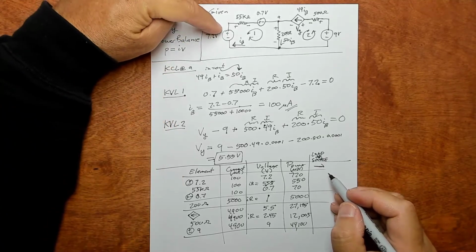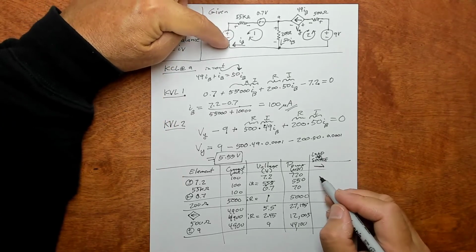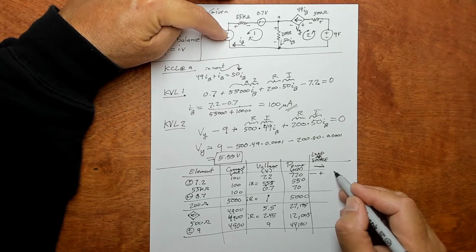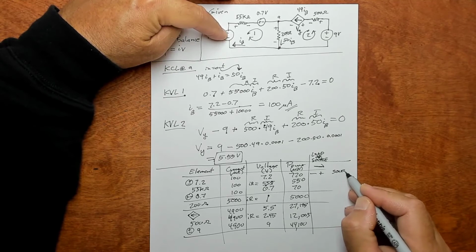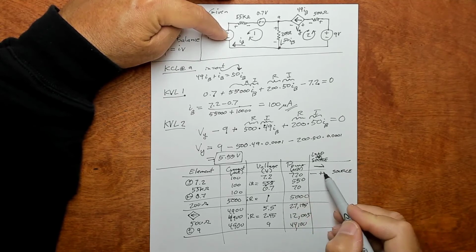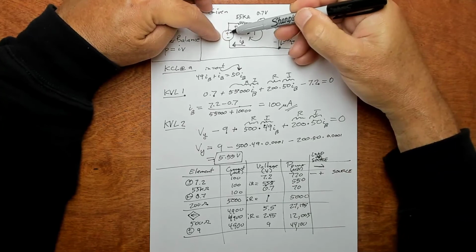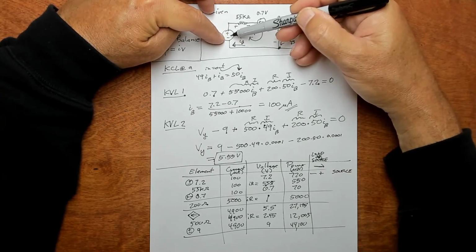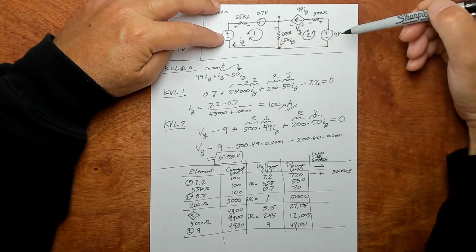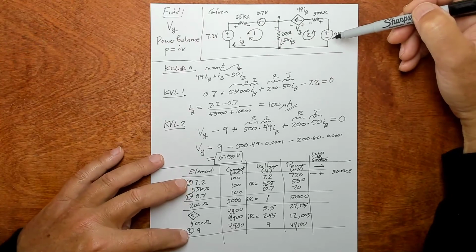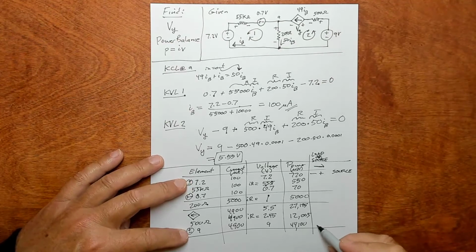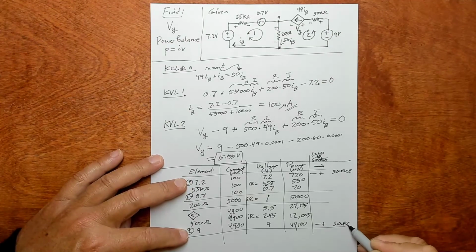The current going this way is minus to plus. That's a source, because this I beta is coming out at the positive terminal. It's coming in negative, out positive. That means it's coming out with more potential. And that's what's happening over here as well. 49 I beta is coming out of the positive terminal, so it's minus to plus. This is a source.